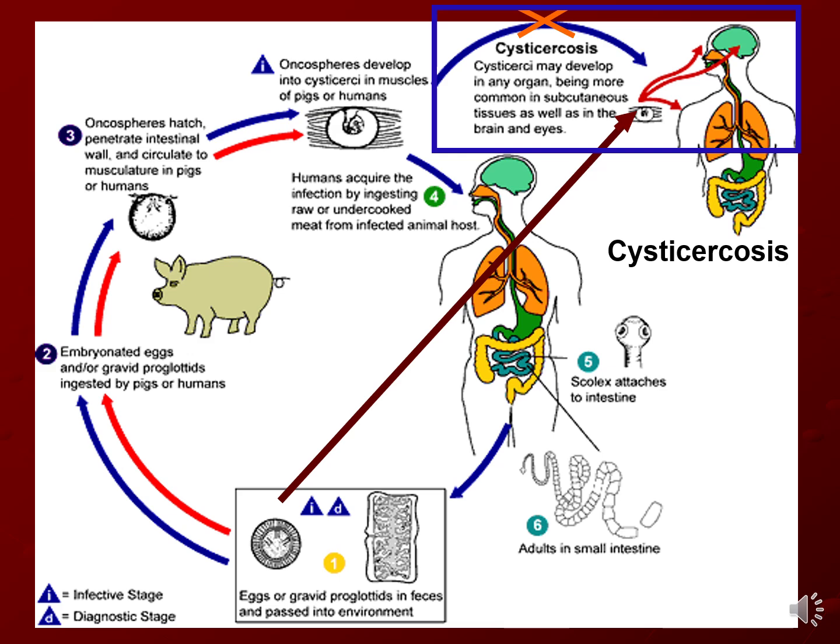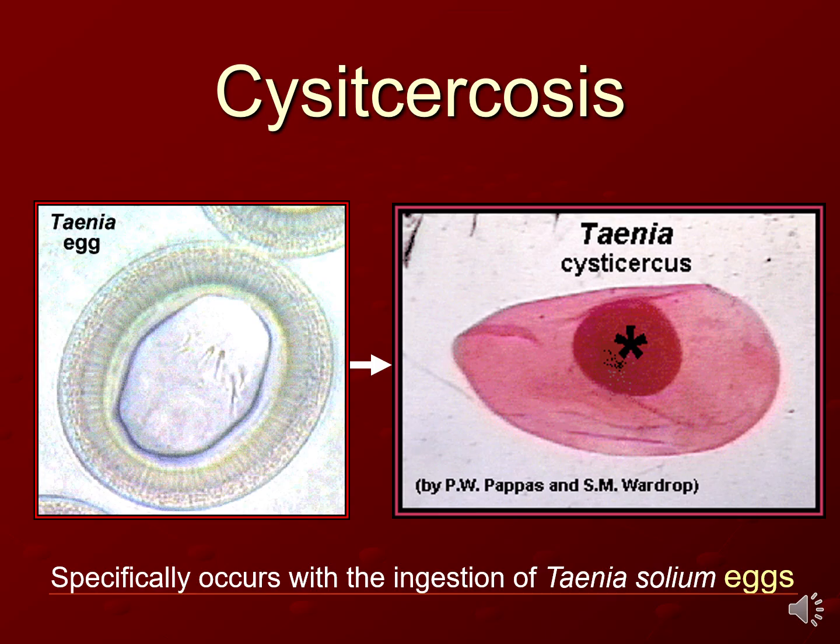Once the egg is ingested and the embryo is liberated, it may go anywhere in the body. It may go to the brain like you see on this slide, or to other tissues. Cysticercosis is produced by the cysticerci, which you see in pink and red. This is the cysticercus.